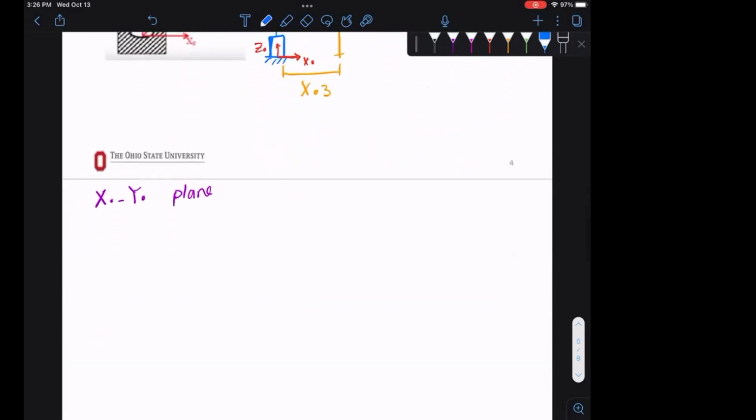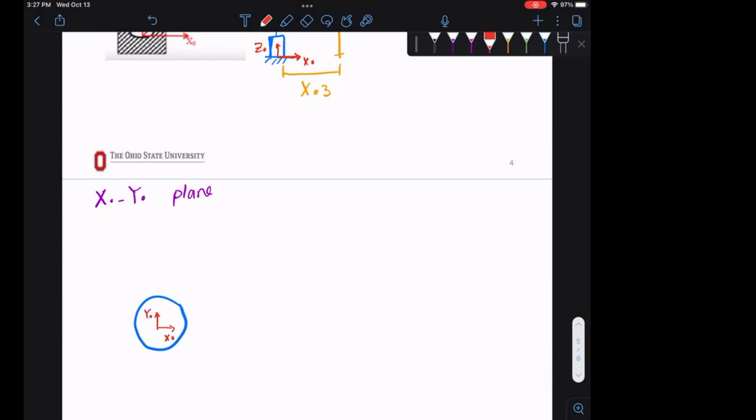All right, so we will see our revolute joint. I'm going to show this circle. And then I'm going to actually use a larger, bigger one so I don't run out of space. I'm going to put my base frame in here.